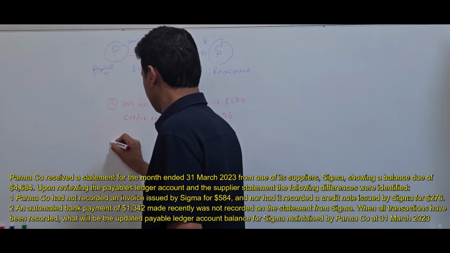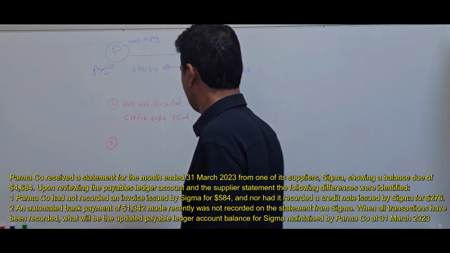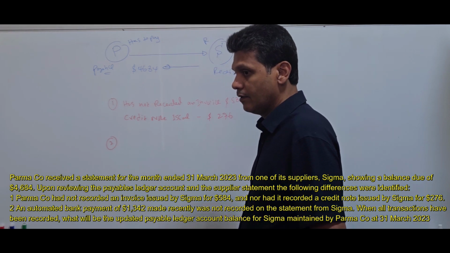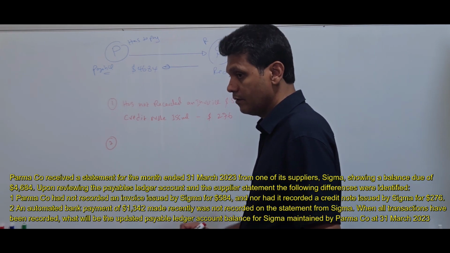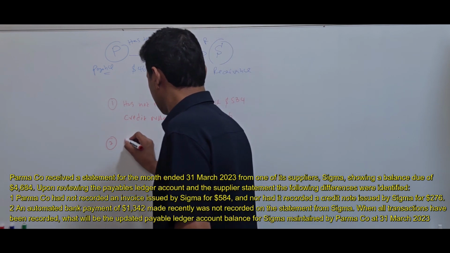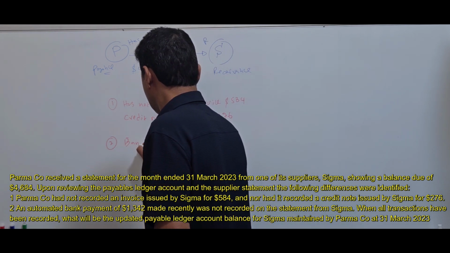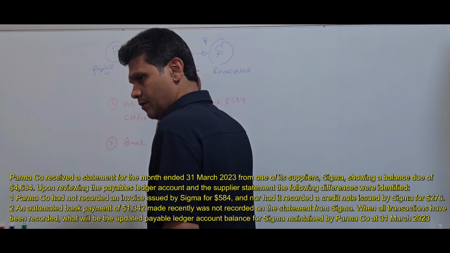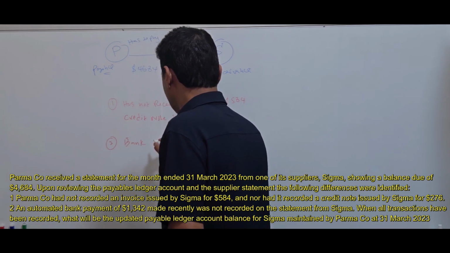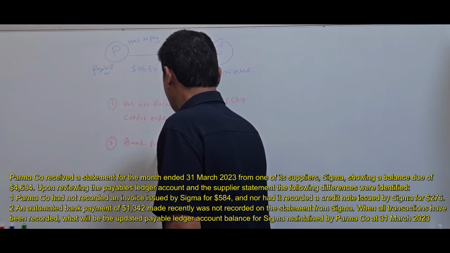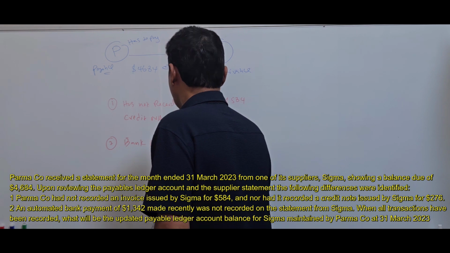An automated bank payment of 1,342 made recently was not recorded on the statement from Sigma. Automated payment made by whom?